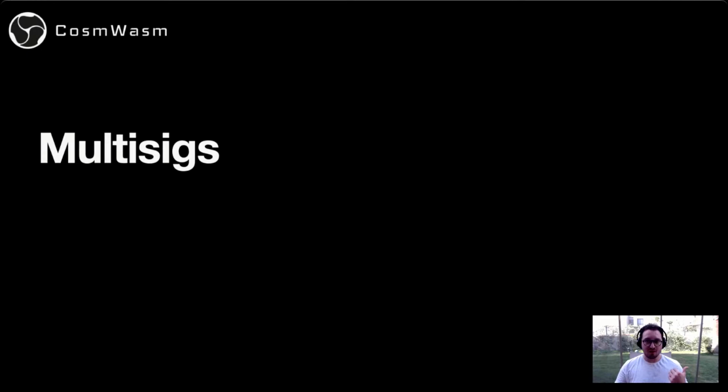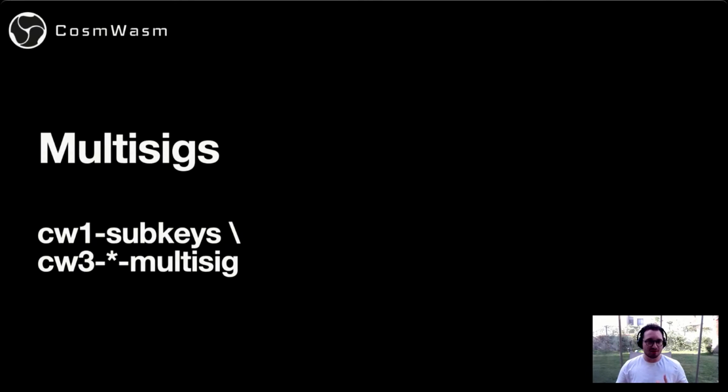So there are two smart contracts that we have in CW Plus, and they are CW1 subkeys and CW3 spec multi-signatures. So CW1 subkeys is, as I said, what you can do is you have a business, right? You have multiple keys, or you want to have backup keys, right?